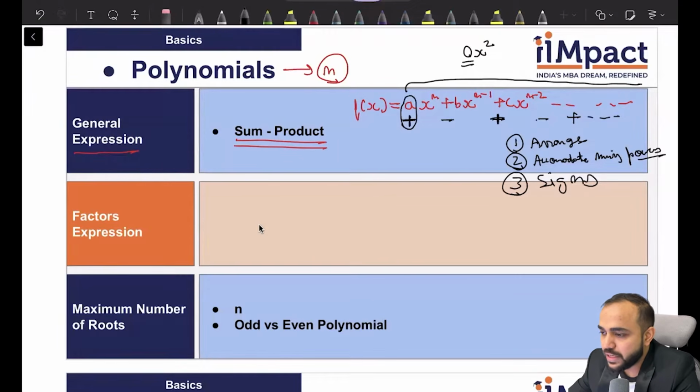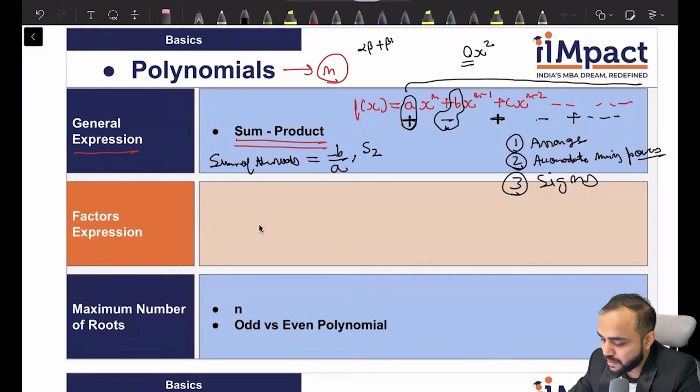Now from the left, the sum of the roots is going to be minus b by a. A has a plus sign always, so minus b by a. Sum of the roots taking two roots at a time, which would look like alpha beta plus beta gamma plus alpha gamma, and so on. Basically, you selected two roots, you multiplied them.